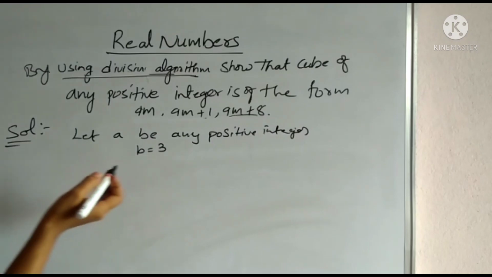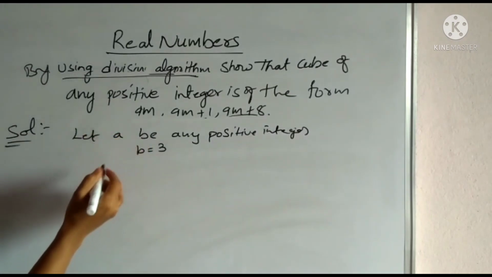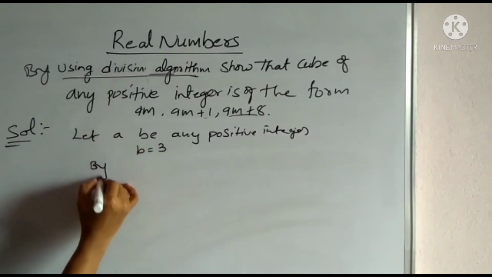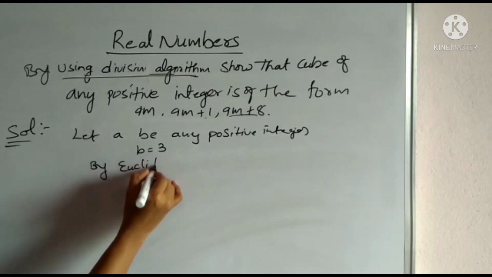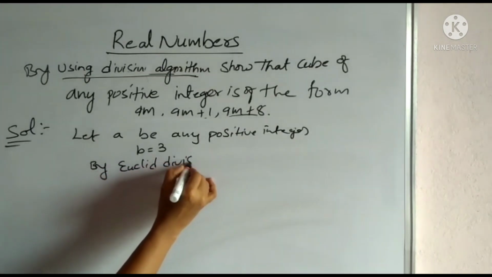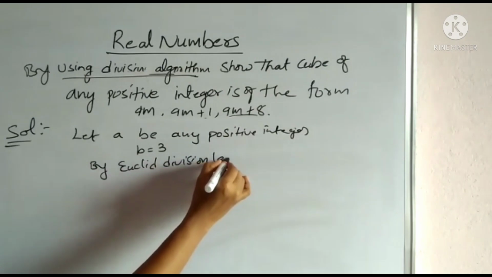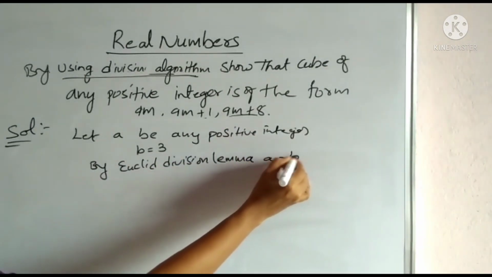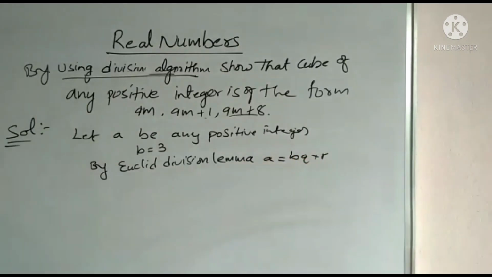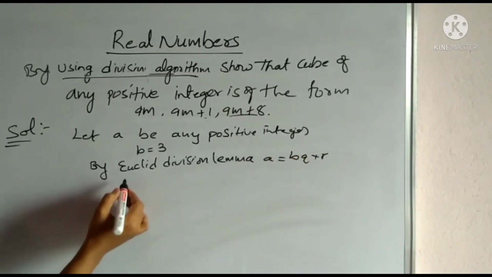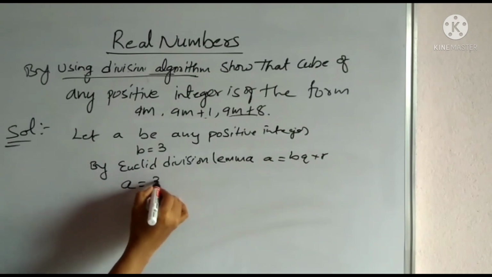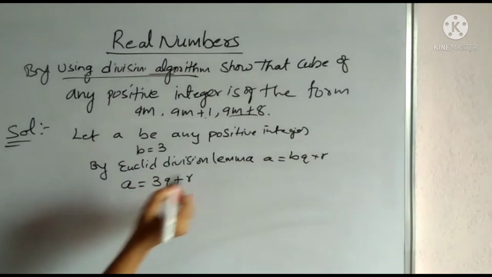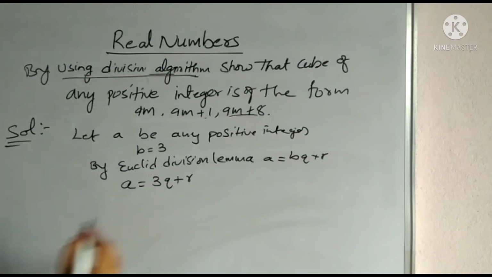And we have by Euclid division lemma or algorithm, a equal to bq plus r. Okay, and here b value is 3, so a equal to 3q plus r. That means the possible r values are 0, 1, 2.